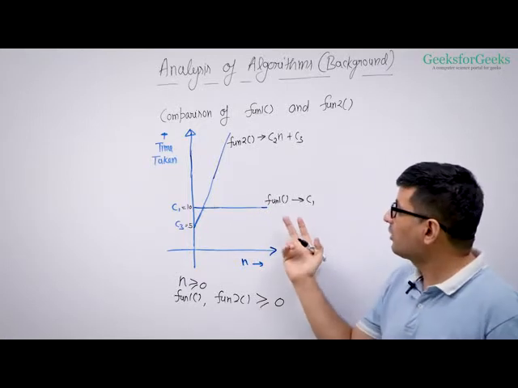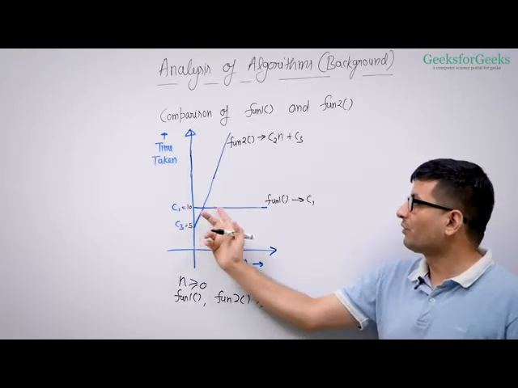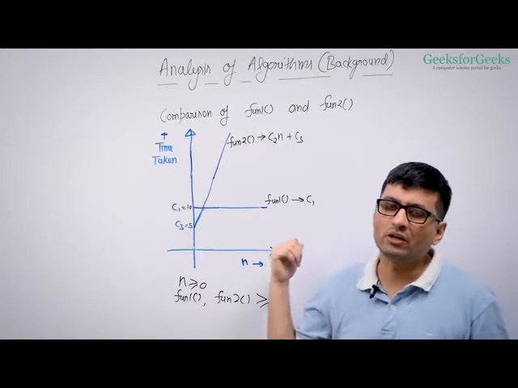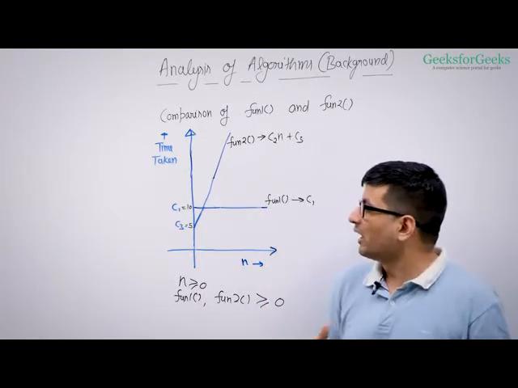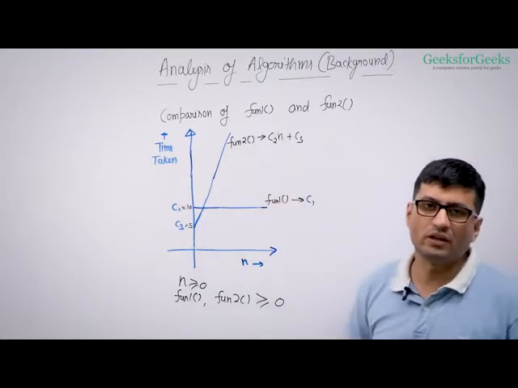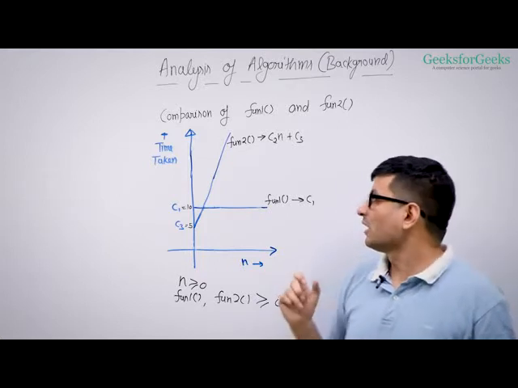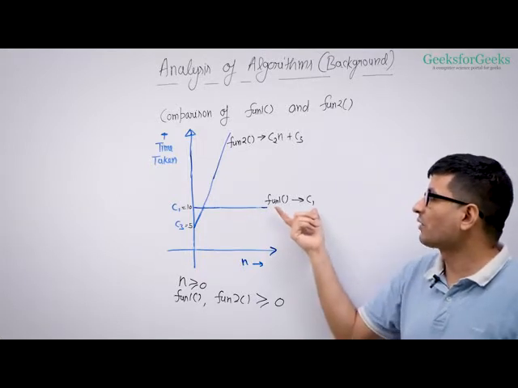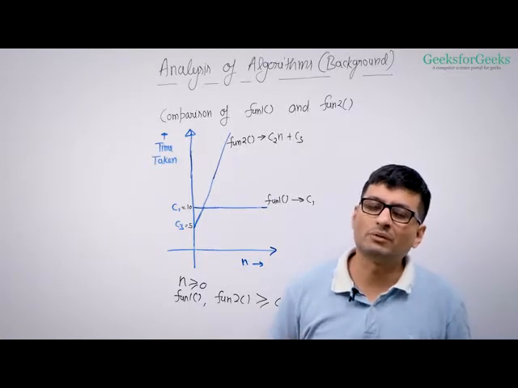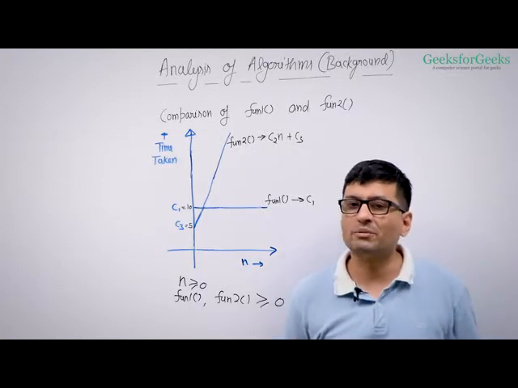Here I have drawn graphs for fun1 and fun2. Say fun1 is a function that you implemented and ran on your machine, and fun2 is implemented by your friend and he ran it on his machine. Now say you are running your fun1 probably on a slower machine and in a programming language that takes more time to run, right?